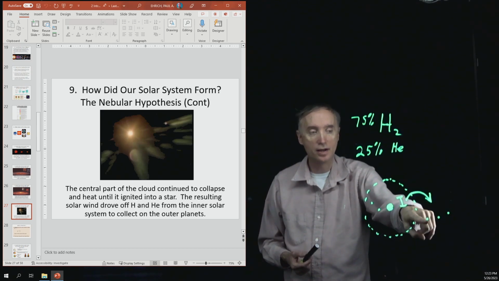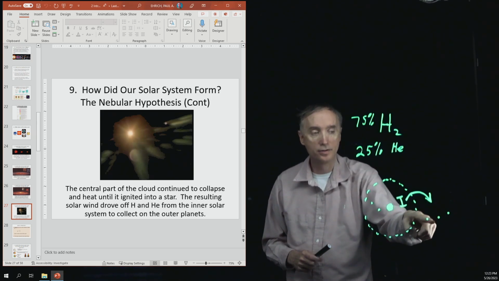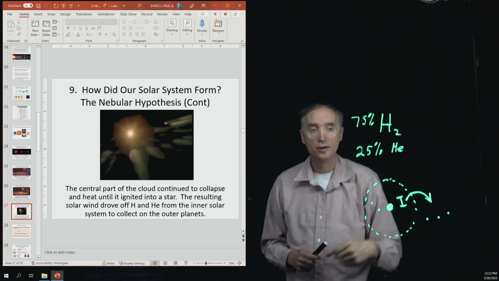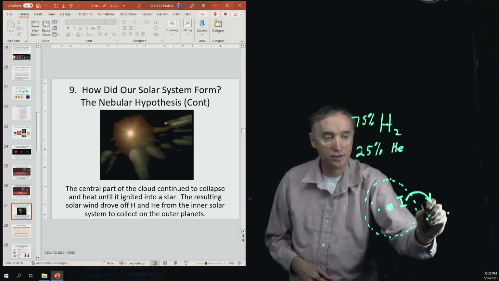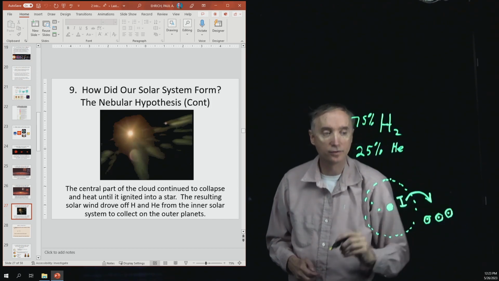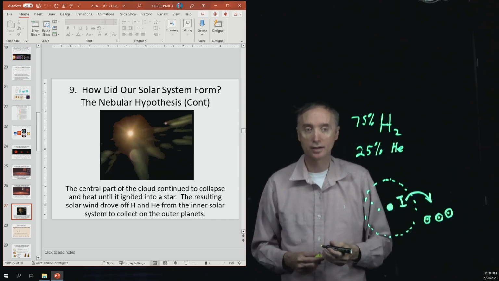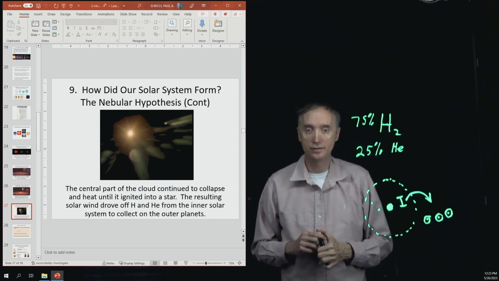And so this ice is going to start to accumulate on these objects out here because of the gravity. So now, in addition to rock, these things have ice that's starting to collect around them. So that makes them a little bit bigger yet.